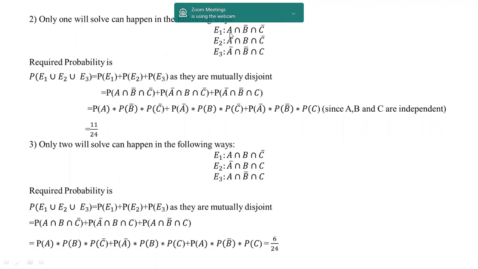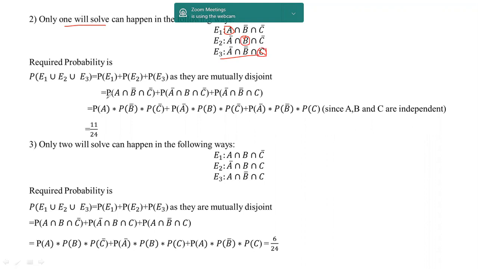In event 1, A solves the problem, and B and C do not solve it. In event 2, B solves it, but A and C do not. In event 3, C solves it, and A and B do not. Since only one student should solve the problem, in event 1 A is solving and the remaining two are not, in event 2 B is solving and the remaining two are not, and in event 3 C is solving and A and B are not.